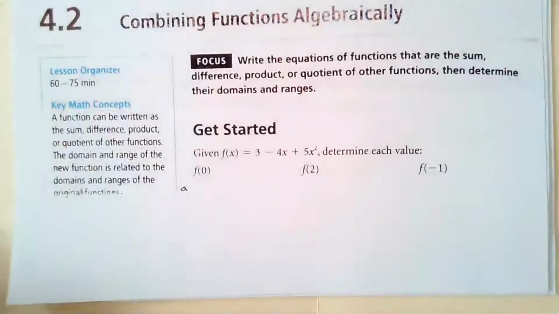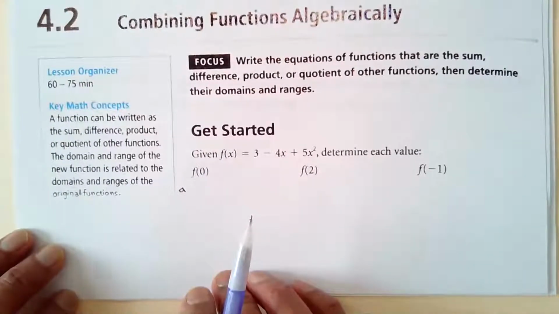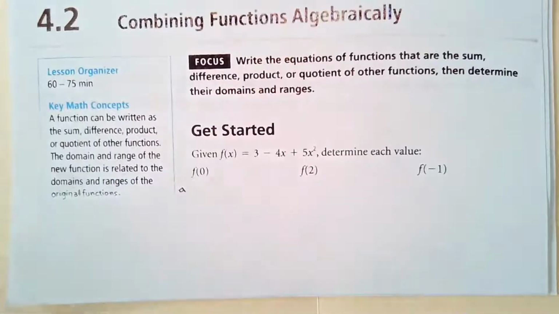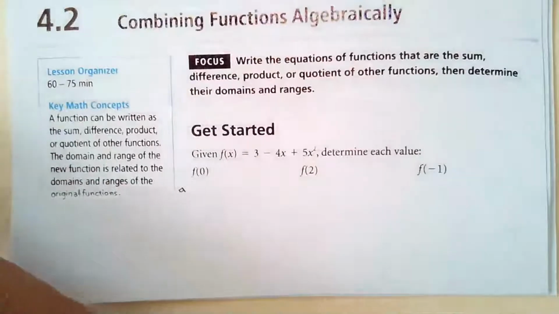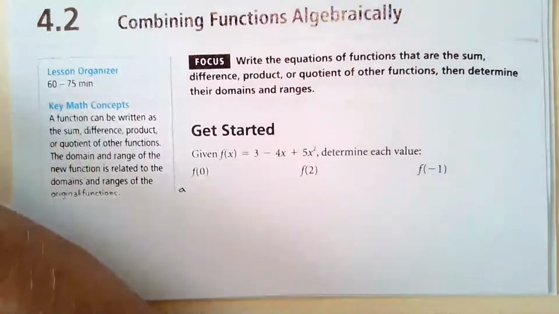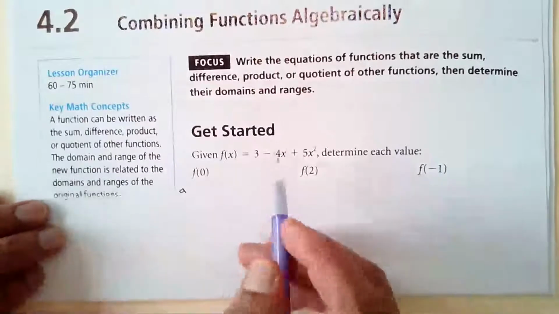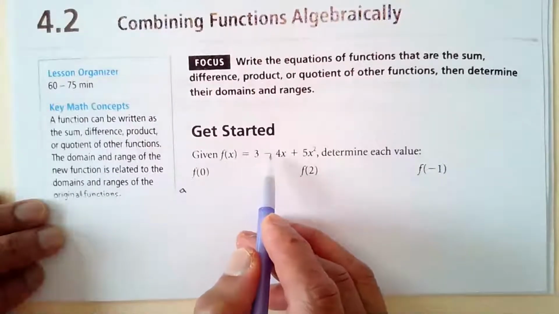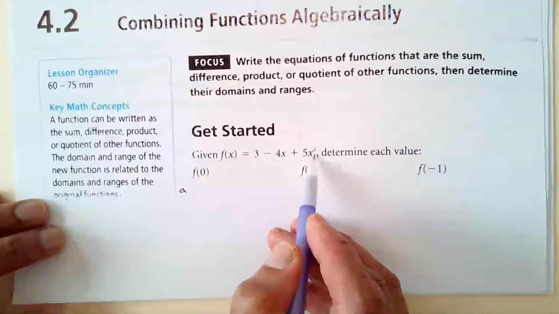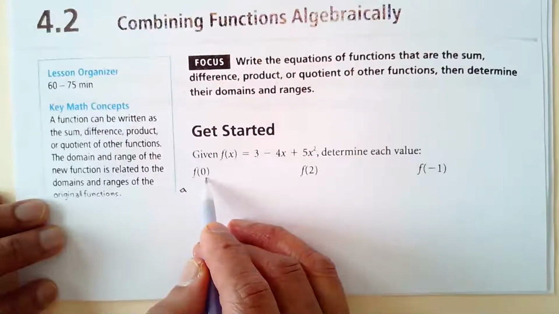So before I go into the examples, let's recap solving for f of x. And here are 3 examples, just to recap. I know you've done this numerous times, but just to activate your algebraic skills. Here we are given f of x is 3 minus 4x plus 5x squared. Determine each value when x is 0.